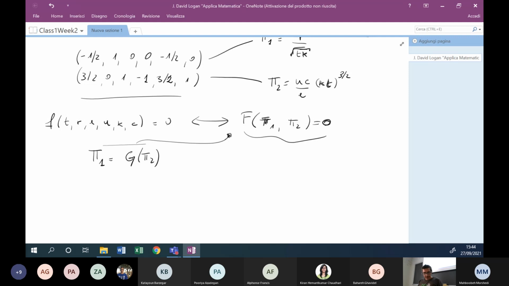Who is pi 1? Pi 1 is r, no, sorry, the other way around. Let me do pi 2 in terms of pi 1. Sorry, it's because in my notes I have this one, so let me use this. So pi 2, which is u times c divided by e times kt to the power 3 over 2, is going to be some function G of r divided by the square root of k times t.